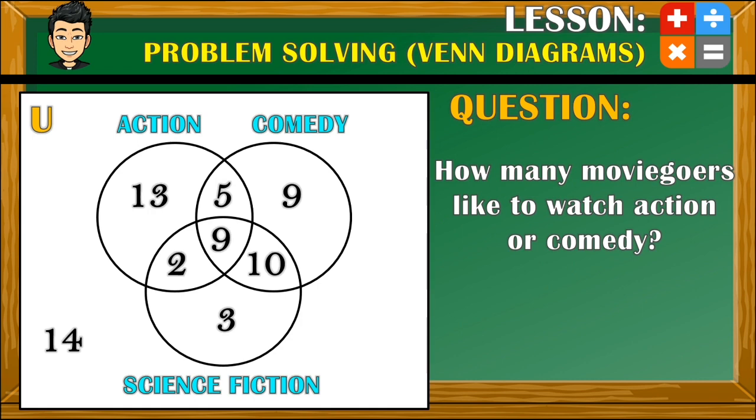How many moviegoers like to watch action or comedy? This time, we will add 13 plus 2 plus 5 plus 9 plus 9 plus 10. The answer is 48 moviegoers.